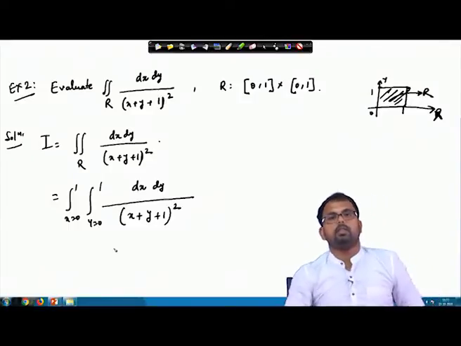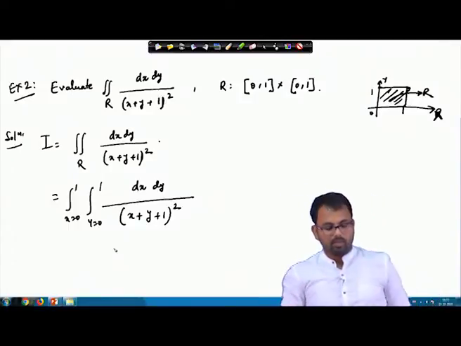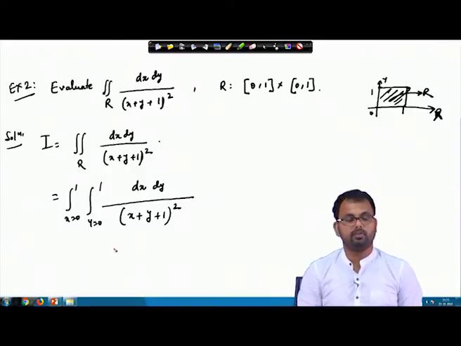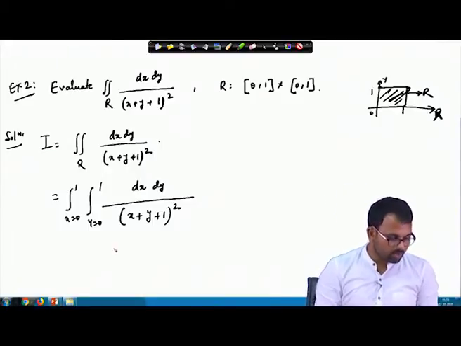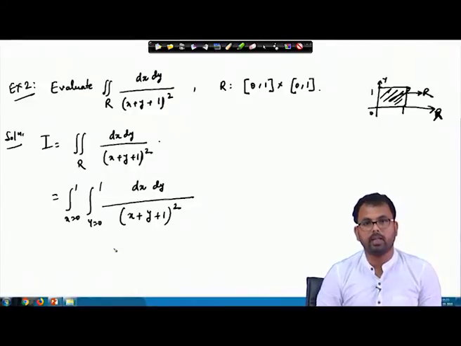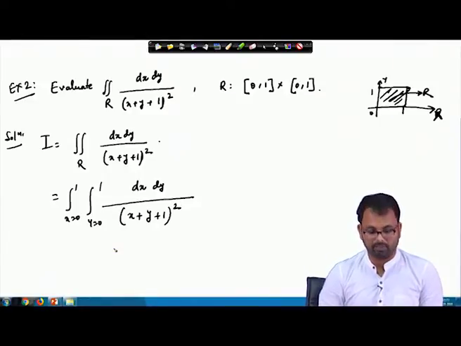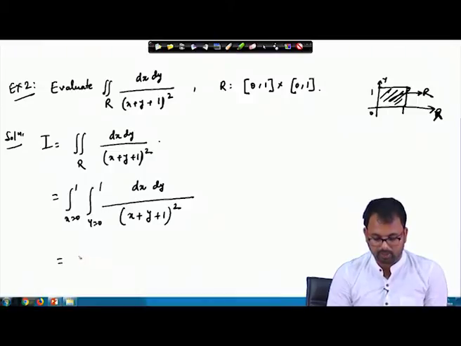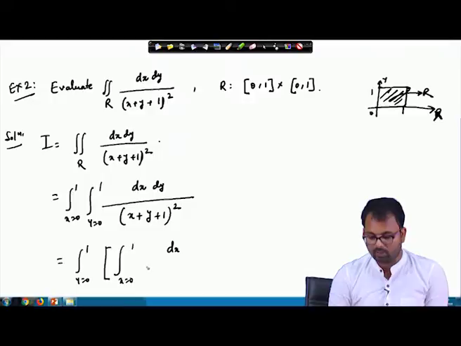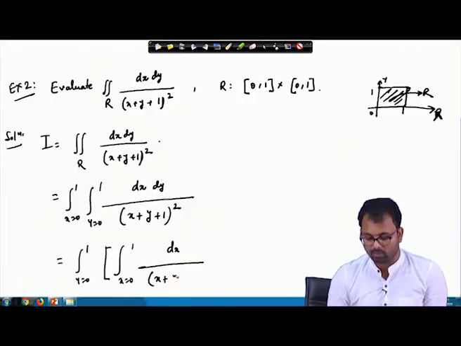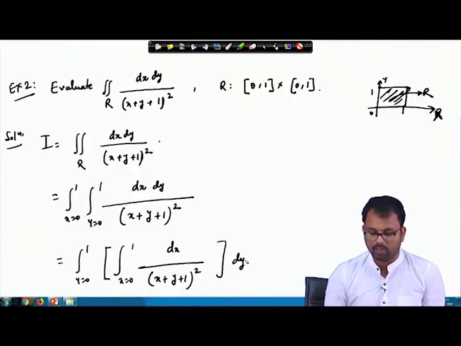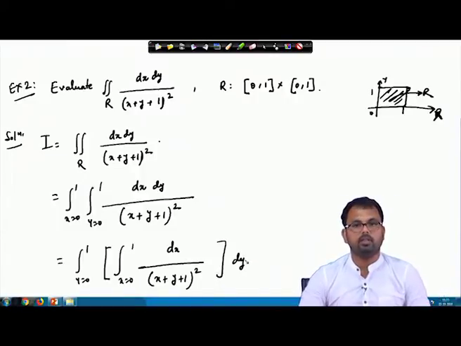Now I can do that repeated integral calculation here. First I will treat y as a constant, and we will integrate with respect to x first. So, let us treat y as constant, and then I can use that big bracket, x running from 0 to 1, dx by (x plus y plus 1) whole square, and then dy.